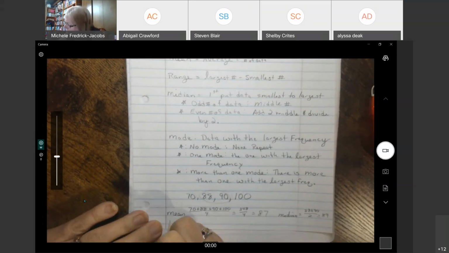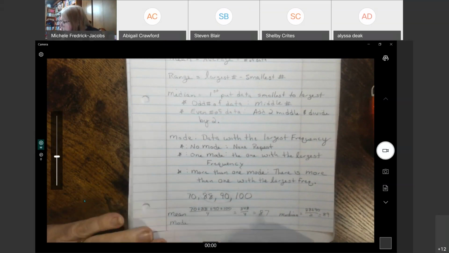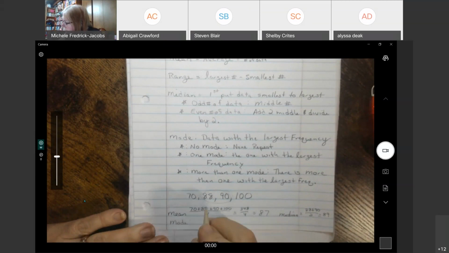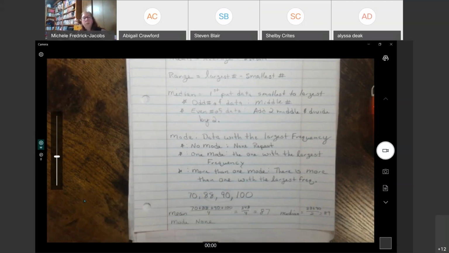Mode. Mode is the one that repeats the most. Since none of these repeat, the mode is none. You don't want to put 0 because 0 could be a value. So you have to put no mode or none.